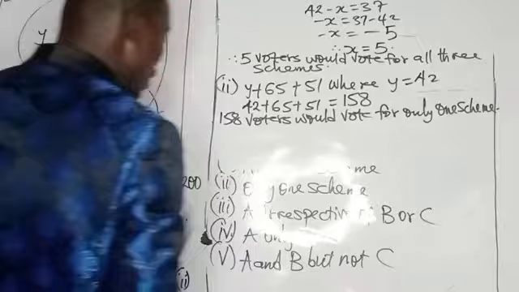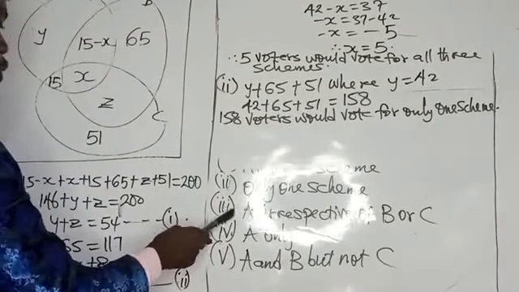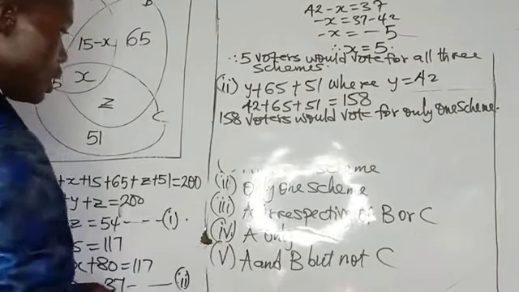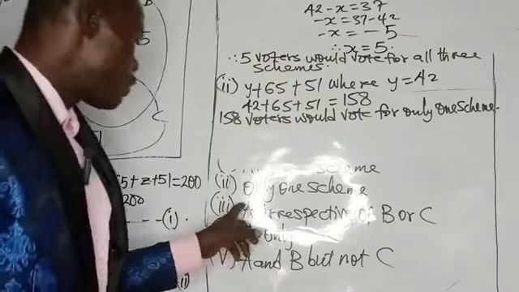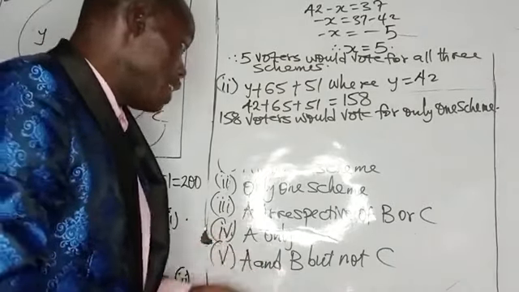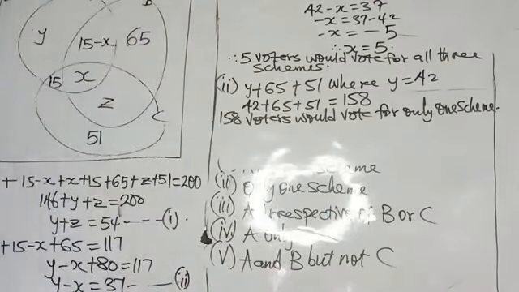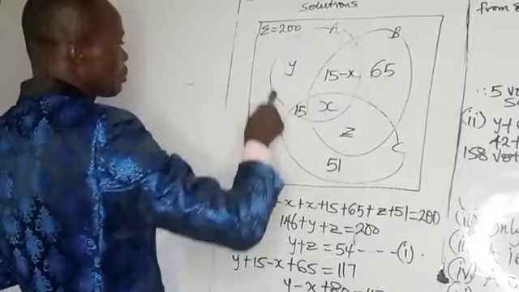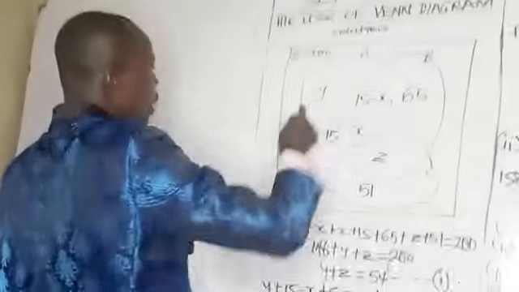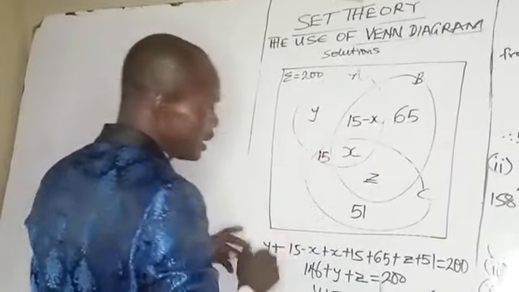Now, Roman figure 3, you are to ascertain how many voters will vote for A, irrespective of B or C. Those voters that will vote for A, and if they vote for B or C, no problem. Now, A is this circle, which is Y plus 15 minus X plus 15.